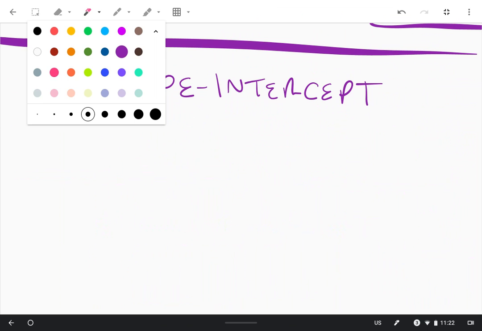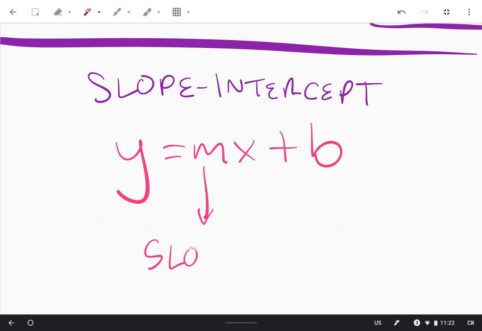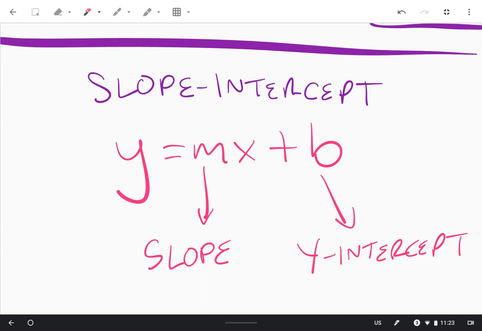Slope-intercept form is y equals mx plus b, because the m is the slope and the b is the y-intercept. Hopefully that is just a reminder to you. You should know this by now, being in Algebra 2.